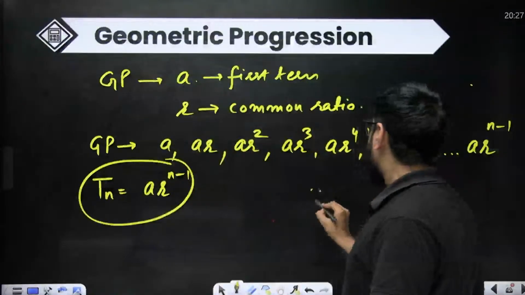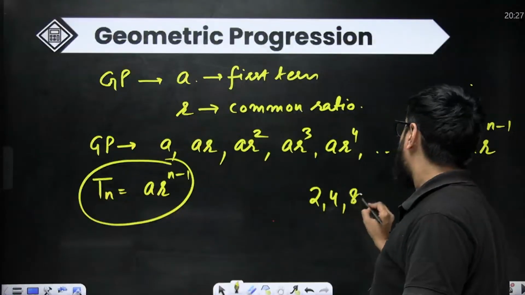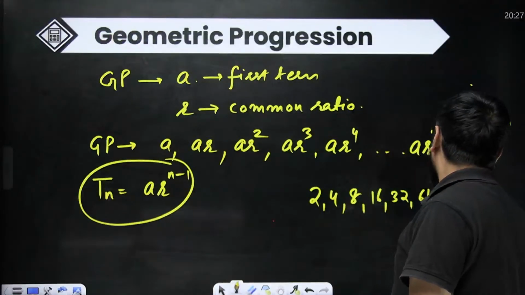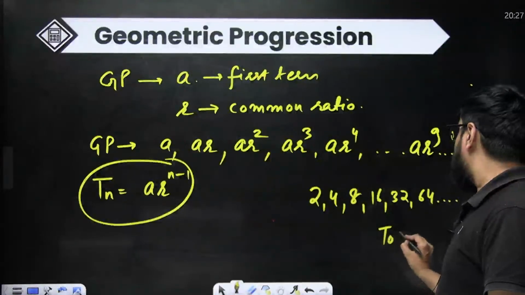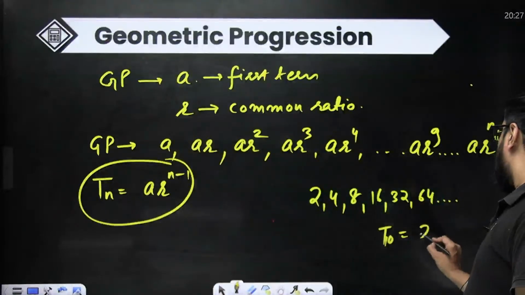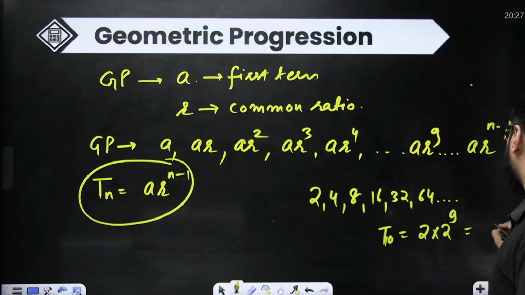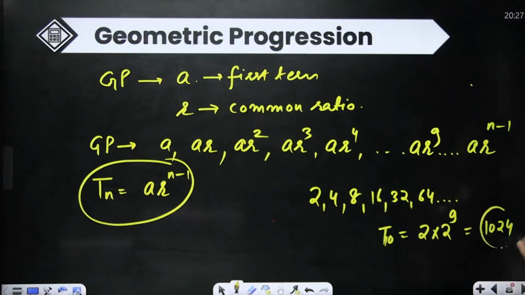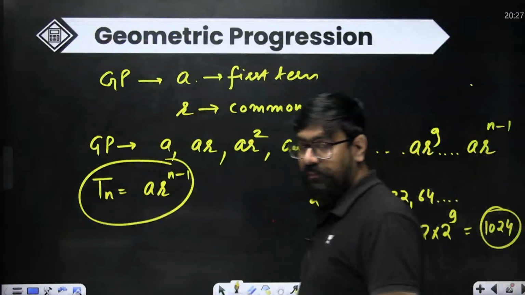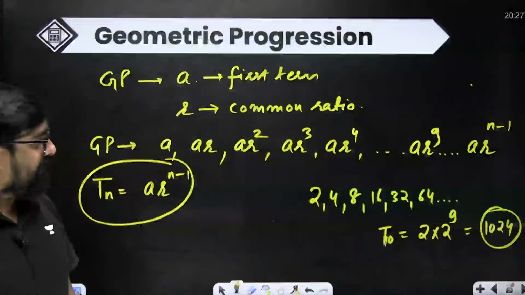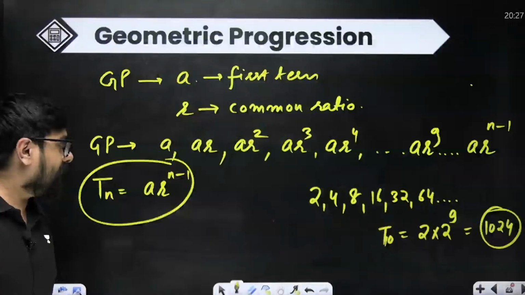Suppose for this GP you need to write the 10th term. The 10th term will be nothing but 2 into 2 to the power 9, that means 1024 will be your 10th term. Obviously, 2 to the power 10. Okay, 1024 will be your 10th term.